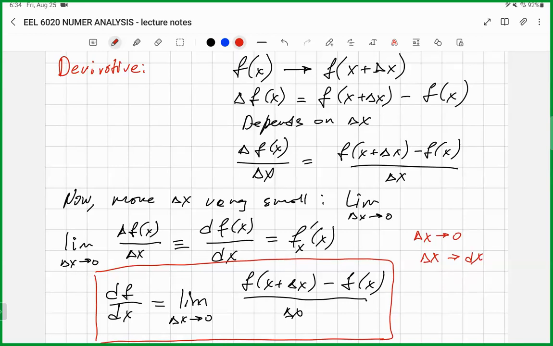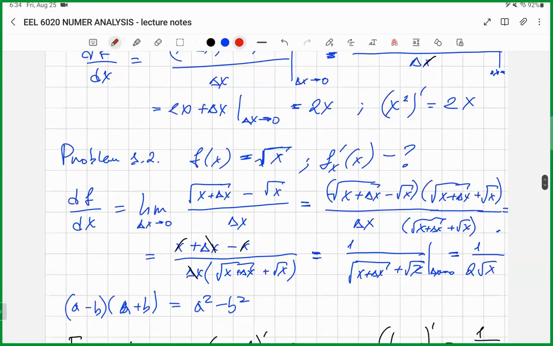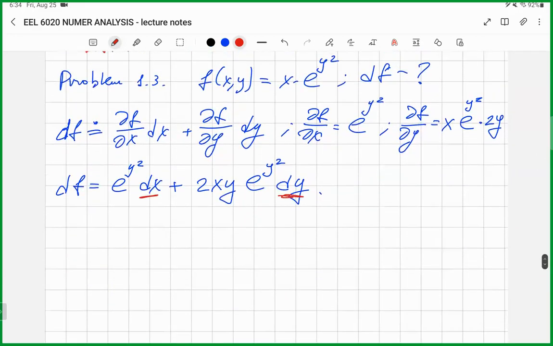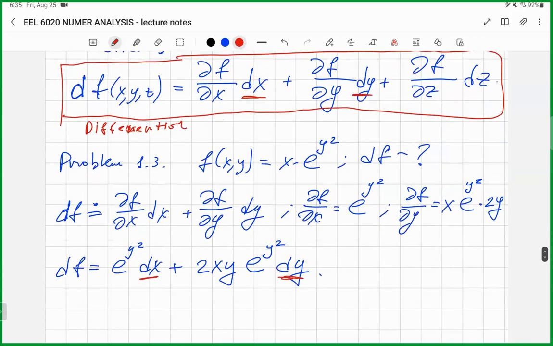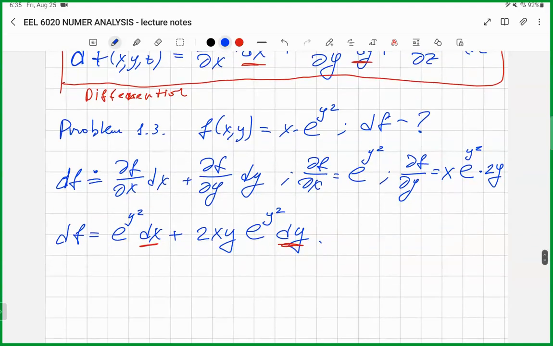When you assume it is very small, then you substitute delta x by dx. Okay, but we have the derivative df over delta x, and the one in the denominator is also the change in x, right?